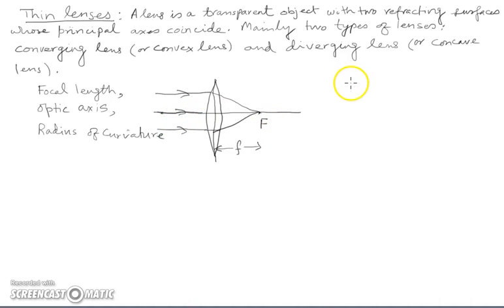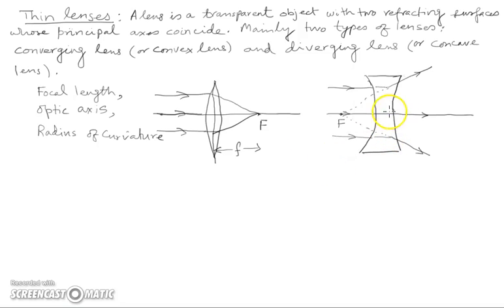Briefly, we can talk about the diverging lens. When a collimated beam falls on a diverging lens, the rays diverge. That's why it is named a diverging lens.